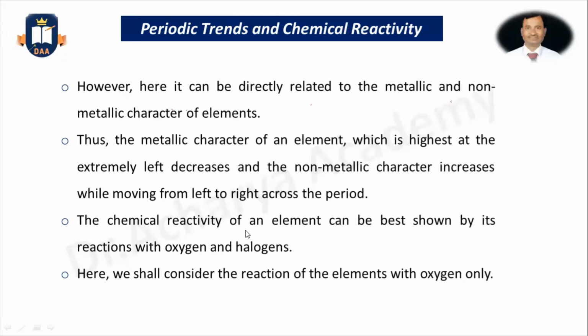The chemical reactivity of an element can be best shown by its reaction with oxygen and halogen. We'll give one example. We'll consider the reaction of the elements with oxygen only in this case.